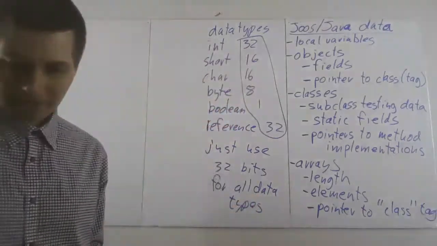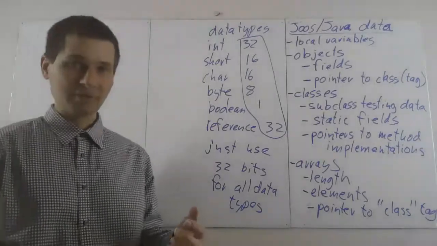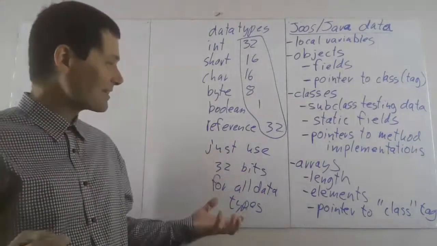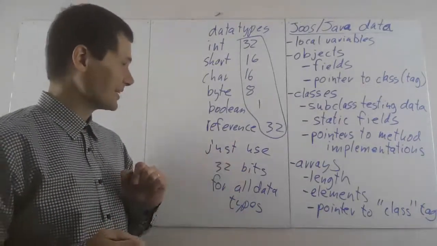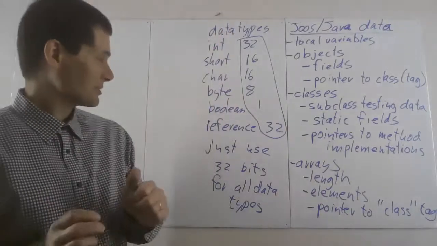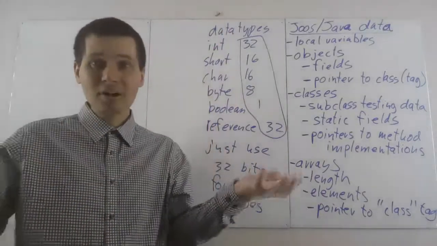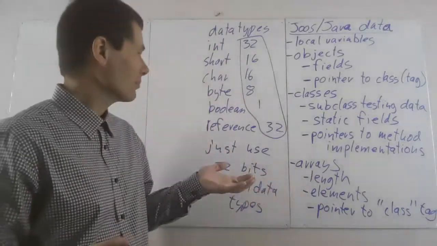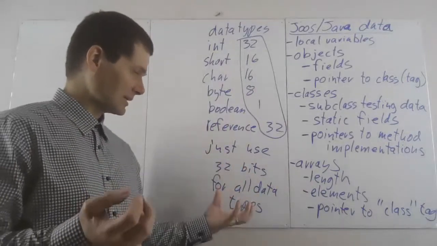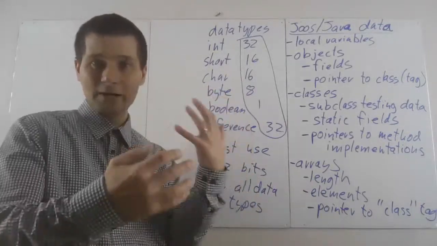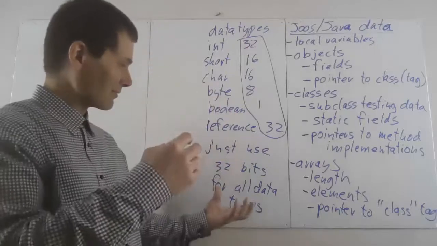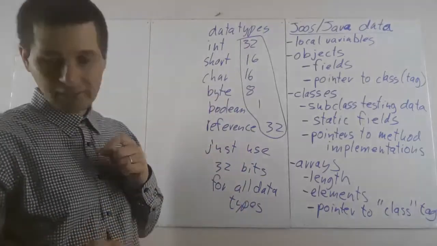Okay, just to keep things simple, right? So every value will be 32 bits, and for some types of values you won't use all 32 bits, but it's just going to be easier to keep track of where things are if every value is the same size.